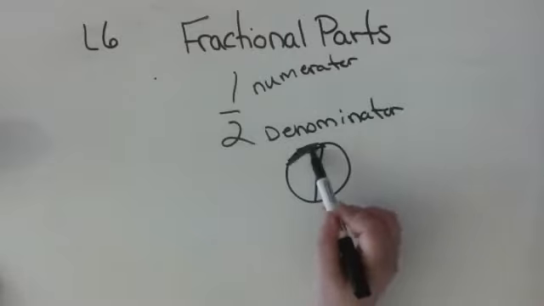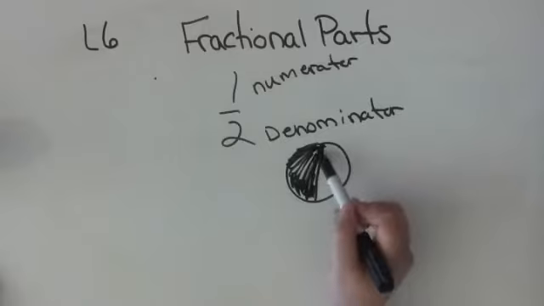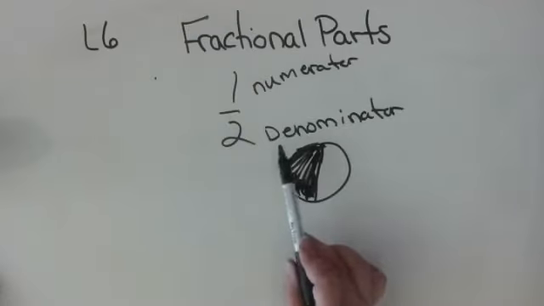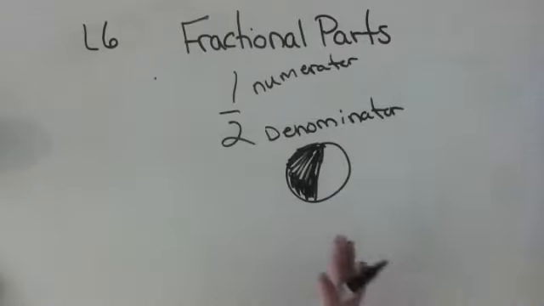I am looking at one of the pieces. That's my numerator. So my numerator is 1. I'm looking at 1 piece. My denominator is 2. There are 2 pieces altogether. That is a proper fraction.